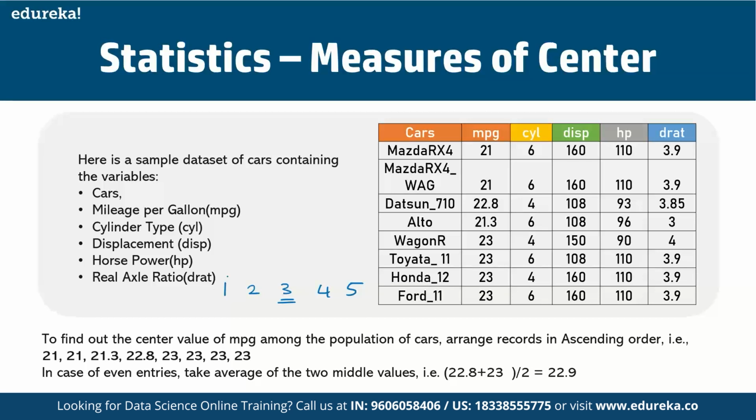Just take the middle value. This is your median. If I give you an even number of values, 6 data points, then you need to take the middle 2 values and find the average. So the average is 3 plus 4 divided by 2, which is 3.5.